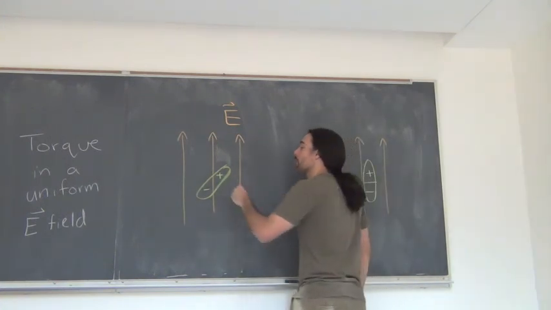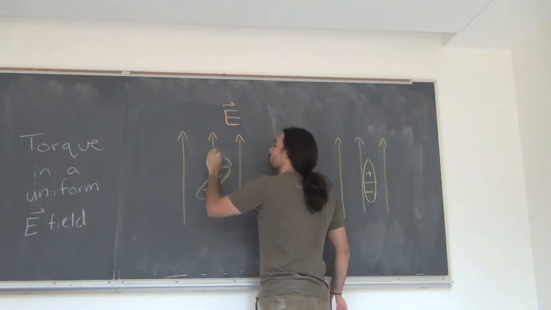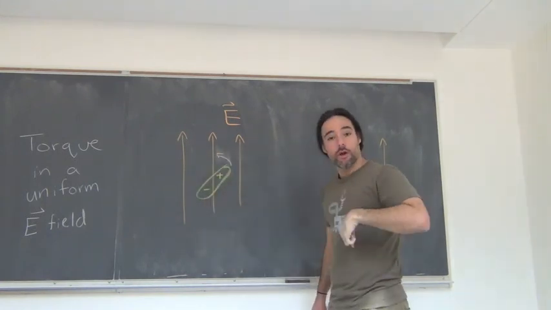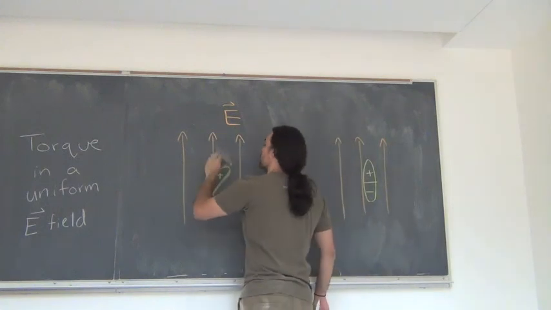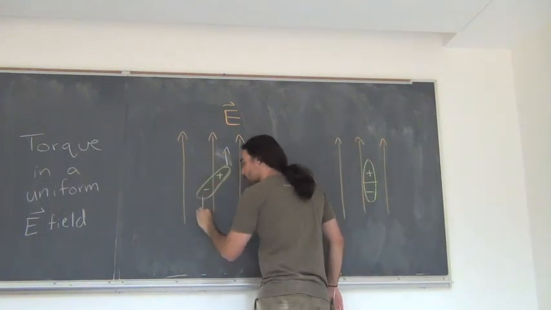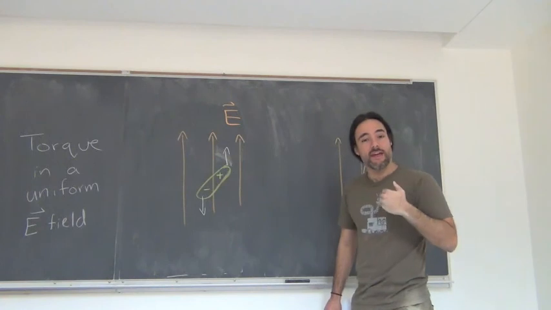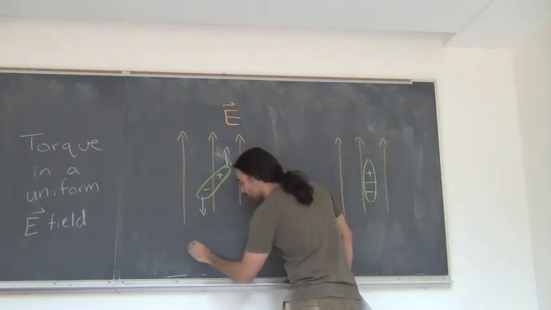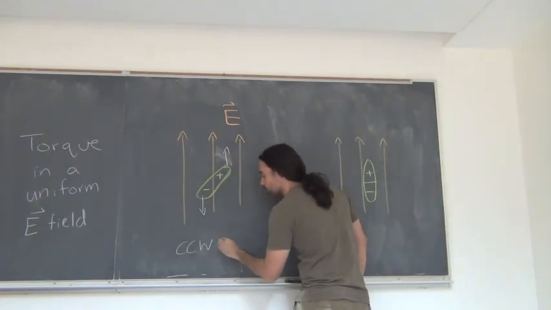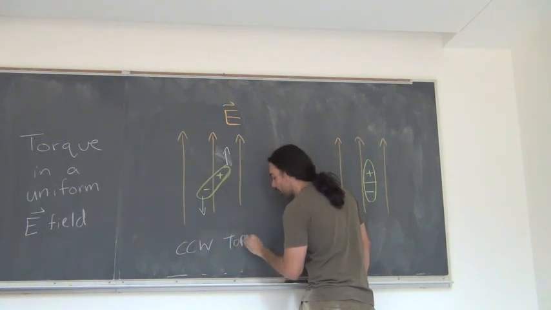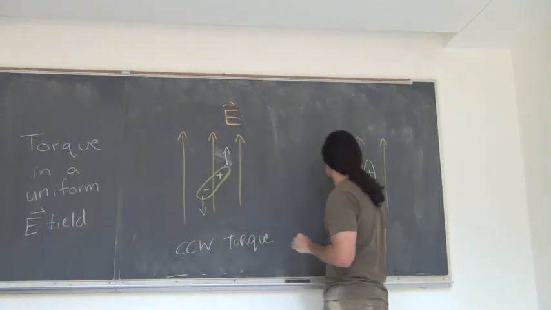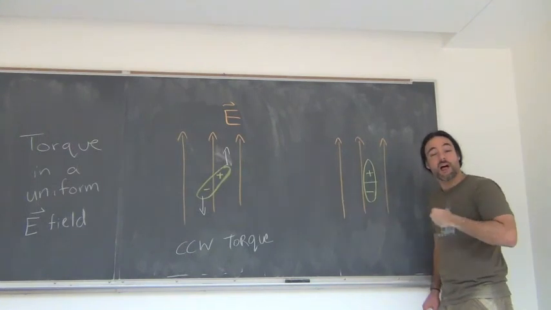Well, that dipole molecule is going to experience a torque because the positive charge is going to feel a force up. Just draw the forces in here. The negative charge is going to feel a force down in that electric field. So there's going to be a counterclockwise torque on that molecule. And what you will find is that molecules will tend to align with the field.